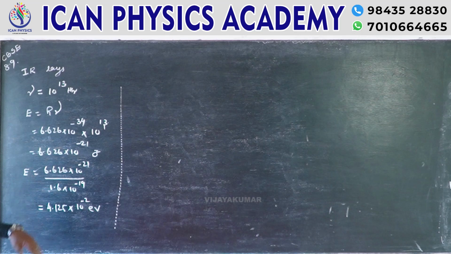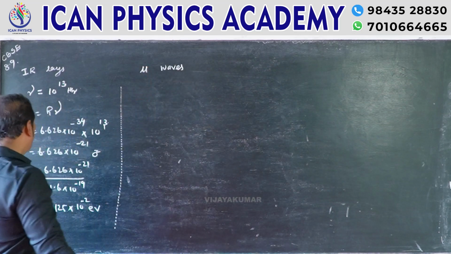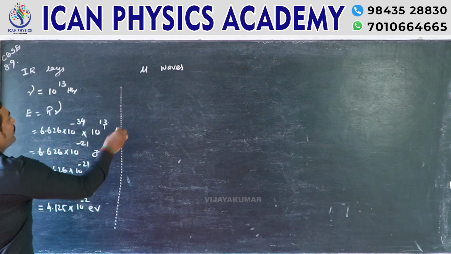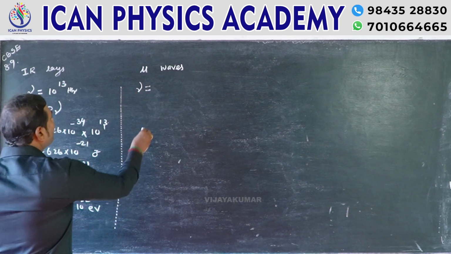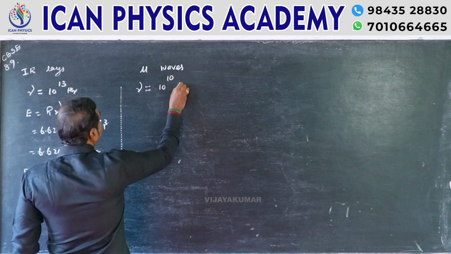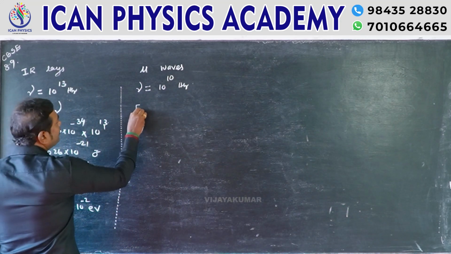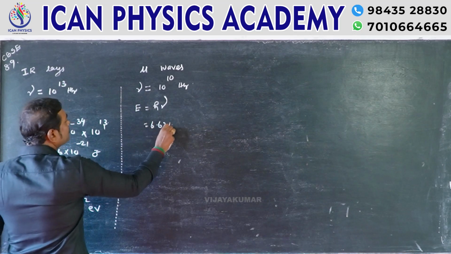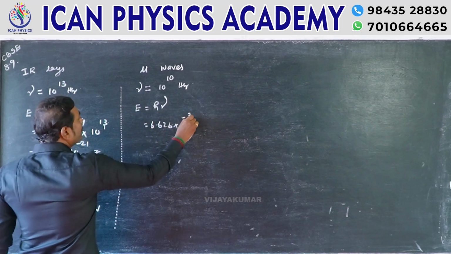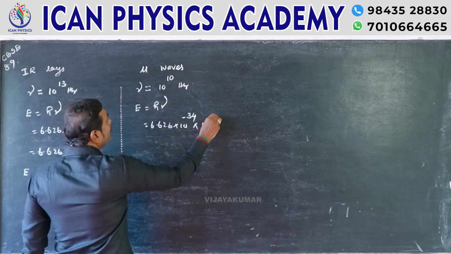Okay. So from that we can go for microwaves. So the frequency of microwaves is 10 to the power 10 hertz. So E equal to h mu. So 6.626 into 10 to the power minus 34 into mu, which is 10 to the power 10.